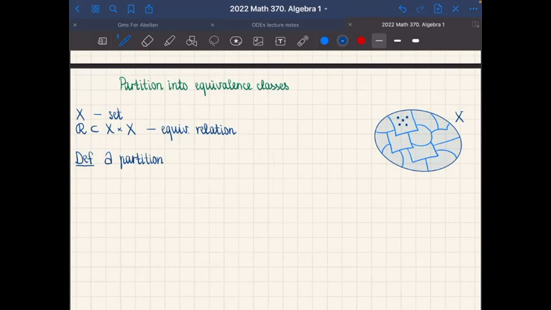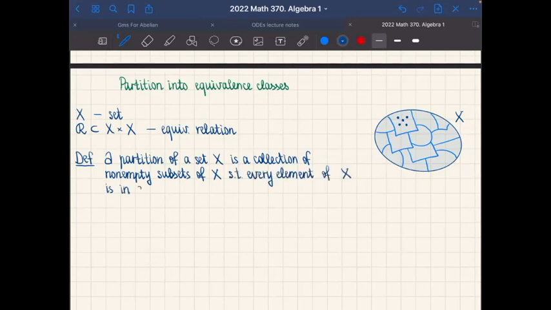A partition, not related to the fixed equivalence relation, is a collection of non-empty subsets of X such that every element of X belongs to exactly one of these subsets in the partition.